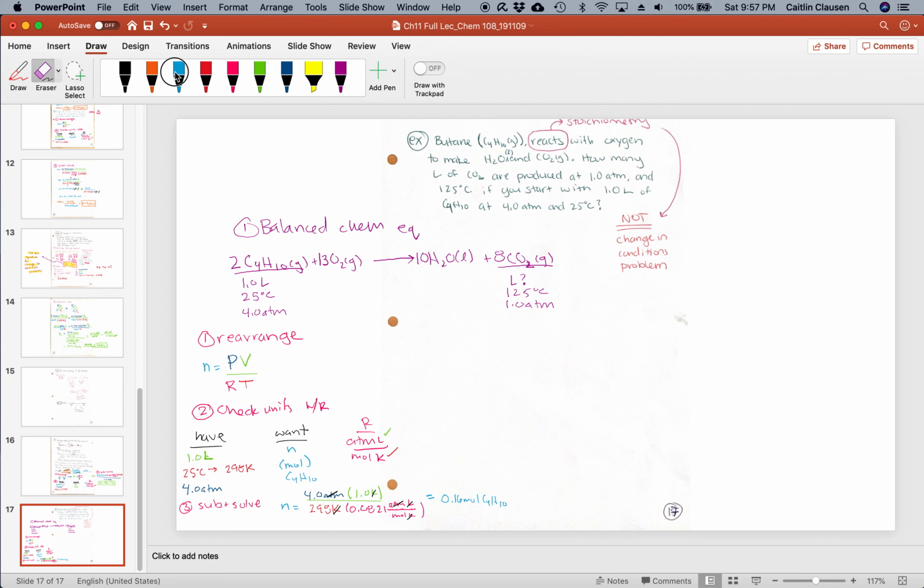Let's do it this way. So now I have moles of reactant. To get from moles of reactant to moles of product, I have to use the balanced chemical equation.